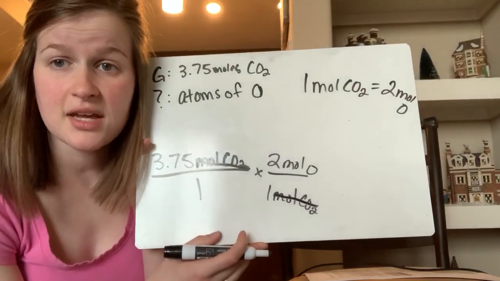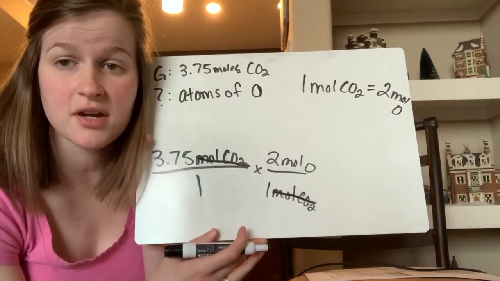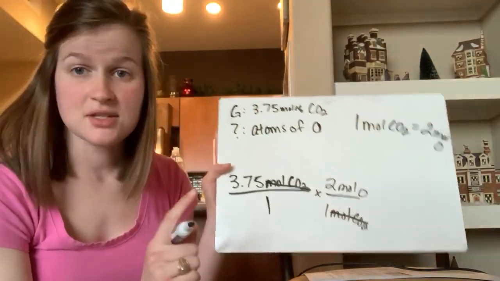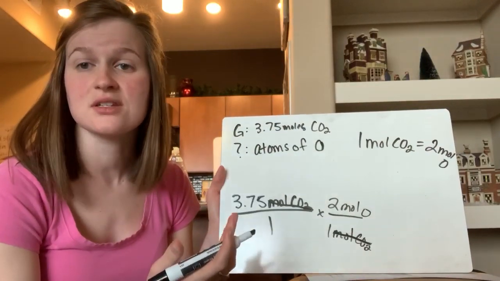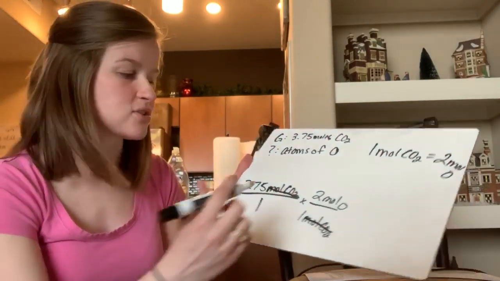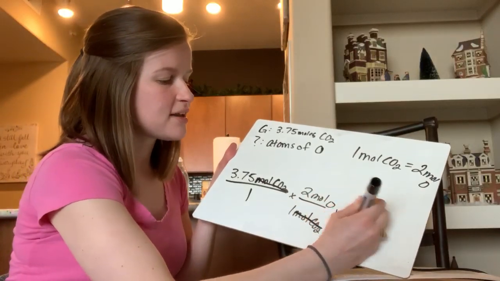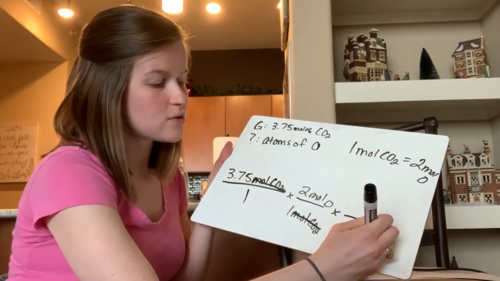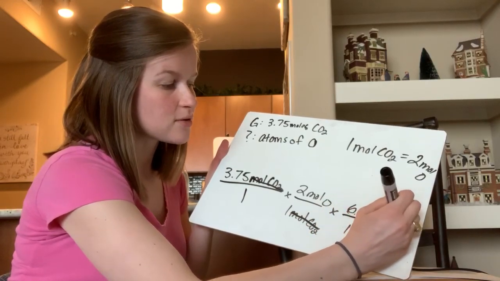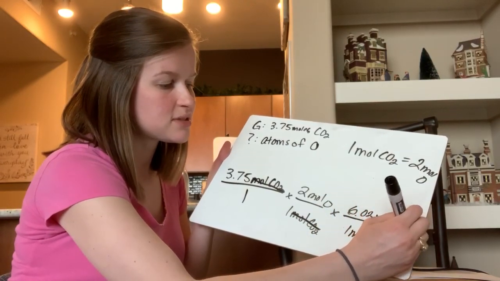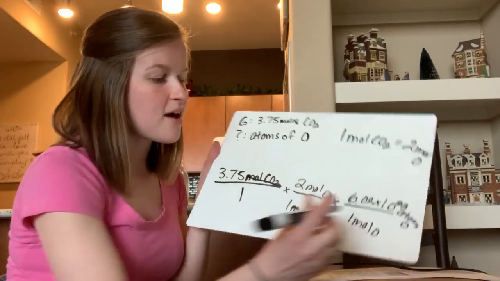And now that I have moles, I can go to Avogadro's number. I can use Avogadro's number to go to atoms. Because for every 1 mole of oxygen, I have 6.02 times 10 to the 23rd atoms of oxygen. So I need moles to go on bottom for units to cancel, and Avogadro's number to go up on top. Again, that is 6.02 times 10 to the 23rd atoms of oxygen.